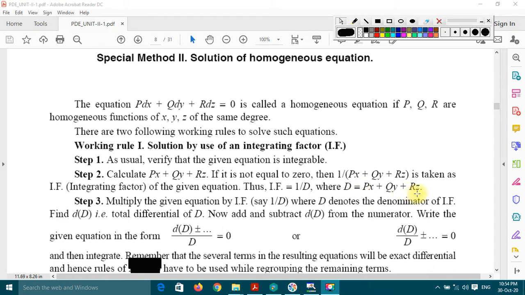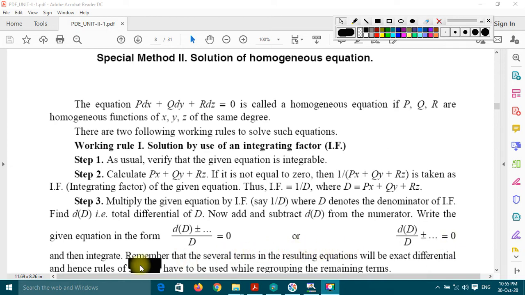After finding this, we multiply this integrating factor into the differential equation and try to find d of D, meaning the exact differential form or total differential form of D. Now add or subtract d of D, the total differential form of capital D, from the numerator and try to write the equation in one of the forms d of D upon D plus or minus some functions is equal to 0, or d of D upon D plus or minus some differential form is equal to 0.